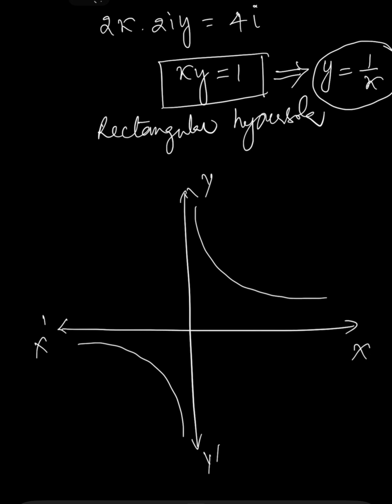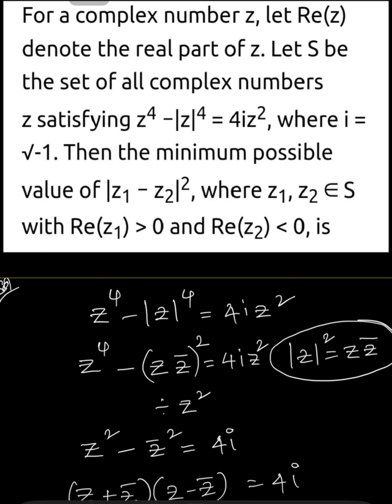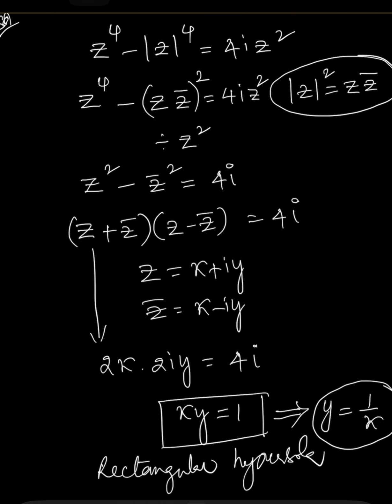Now what they want is the minimum possible value of modulus of z1 minus z2 whole square, where z1, z2 belong to that S, the set of complex numbers, with real part of z1 greater than 0 and real part of z2 less than 0.